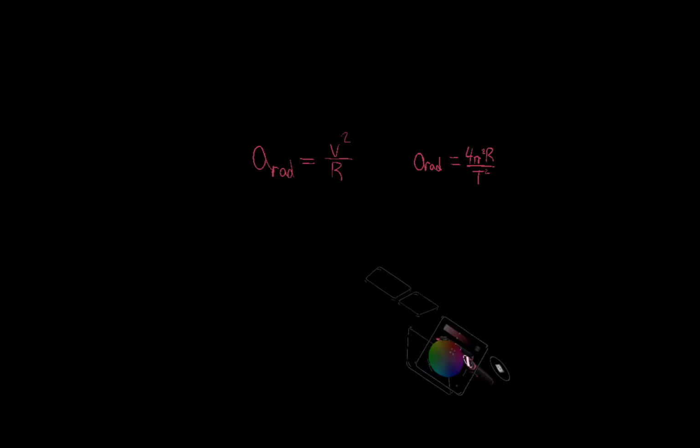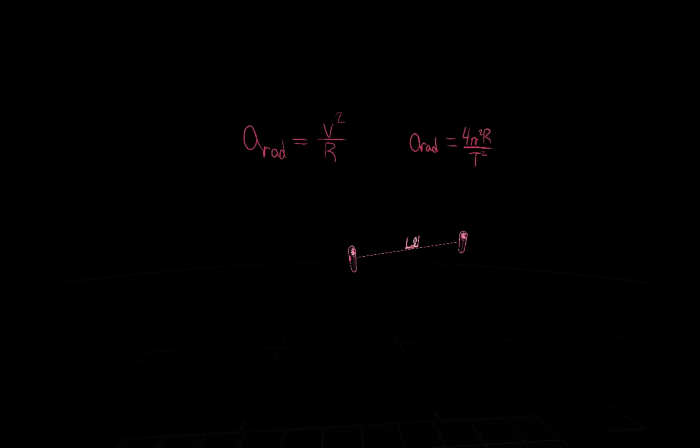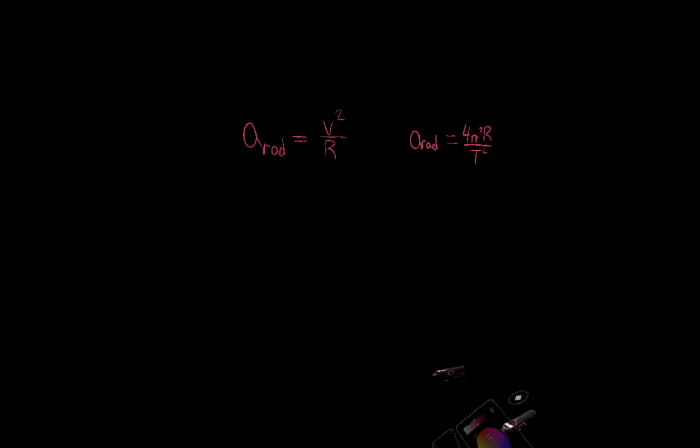So after this video, there's a demo video that I'm going to post that might give you some more physical intuition into centripetal acceleration. But I'll point out now, try to avoid using the word centrifugal force or centrifugal things. This is just a misconception. It's a misunderstanding of Newton's first law.